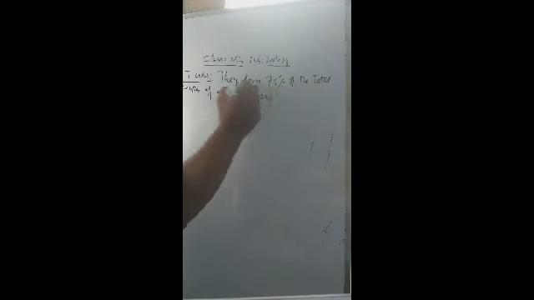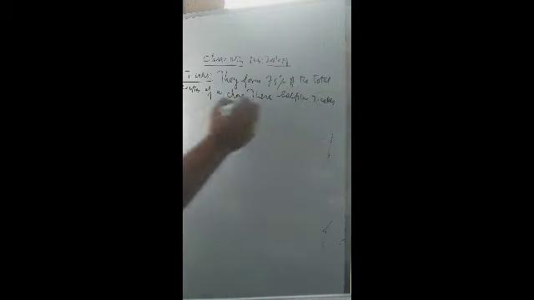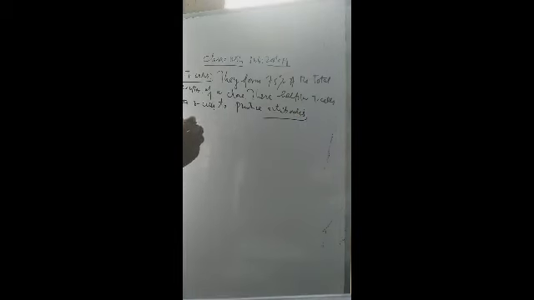These helper T cells stimulate B cells, such as B lymphocytes, to produce antibodies, and they also stimulate killer T cells.